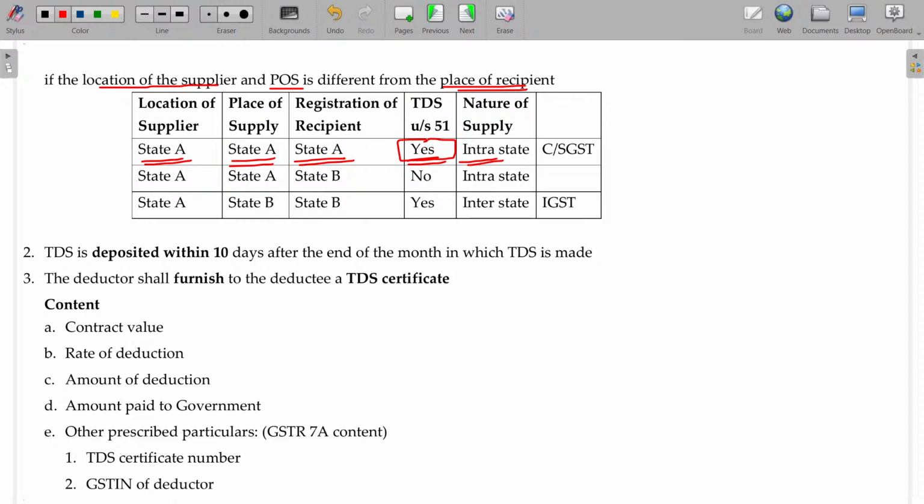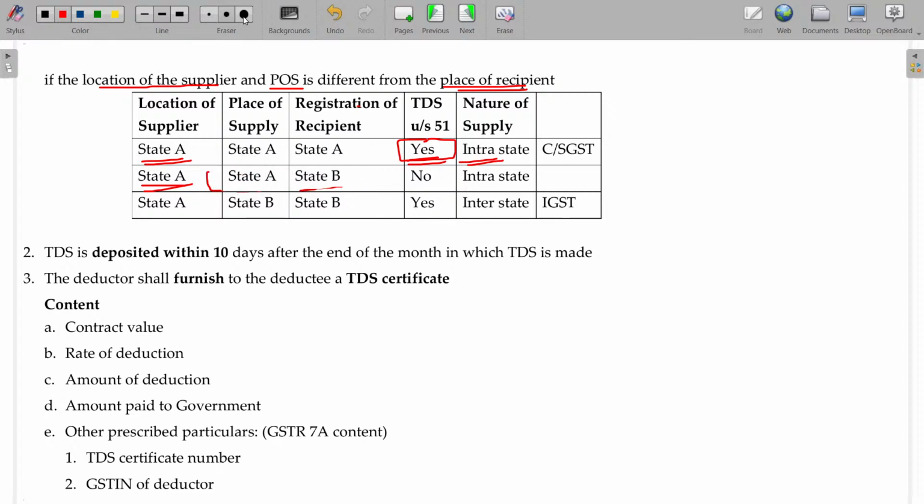But state of supplier being A, place of supply being A, registration of recipient being state B, it means it moves from here to here. Okay, clear?